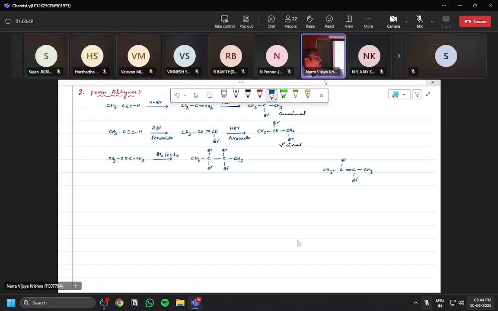If you take only one equivalent, the reaction will stop there. But better I will write Br, double bond, and again add that Br2 in presence of CCl4.